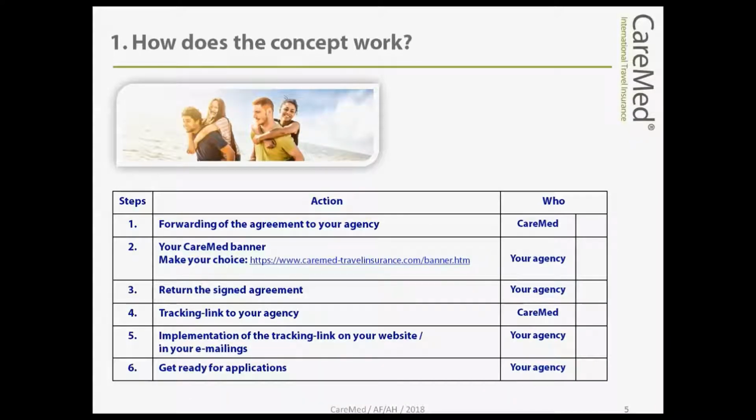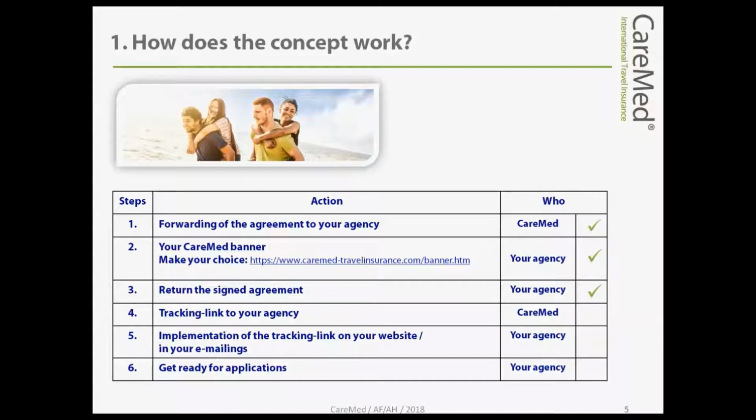So how does the concept work? First of all, we send the agreement to your agency and also the link in order to take a look at all the available banners. So you choose your banner. You can make your choice of what fits your website layout and what you think is good for your participants, so what really targets your participants. We have different banners depending on different programs.